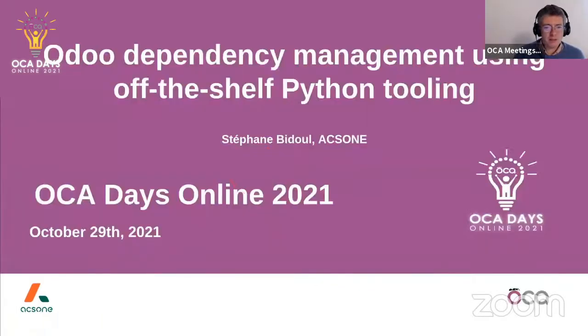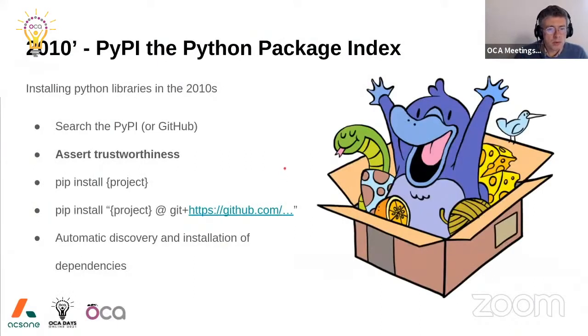But then, 20 years forward, the Python packaging landscape has really evolved. And today, installing Python libraries has become very, very easy. We have the Python Package Index that you can search, or you can look on GitHub. Of course, you still need to assert that what you're going to install is trustworthy, that there are no security issues, that the contributor is reliable, that the code is clean, and so on and so on.